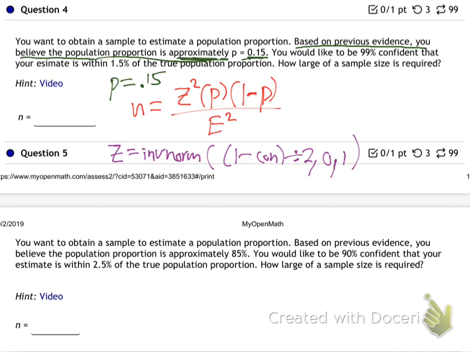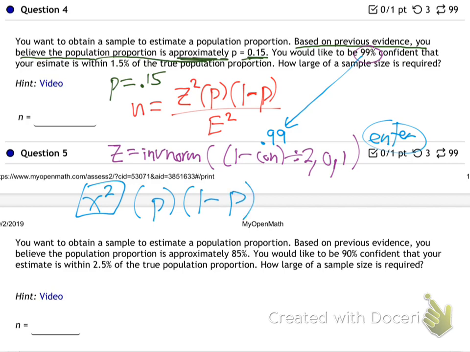And the confidence level, at least on mine, is 0.99. So bring down the 0.99 and then hit enter. Once you've got that, hit the x squared button, and then parenthesis P, parenthesis 1 minus P. And P in this case is 0.15.